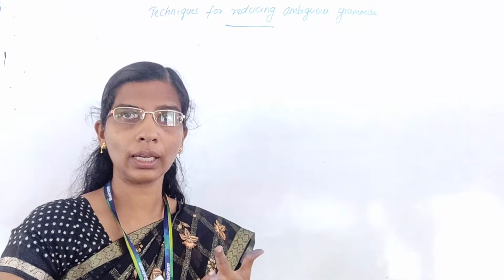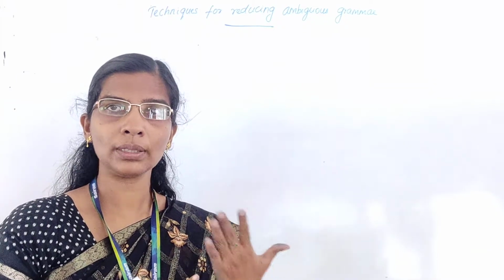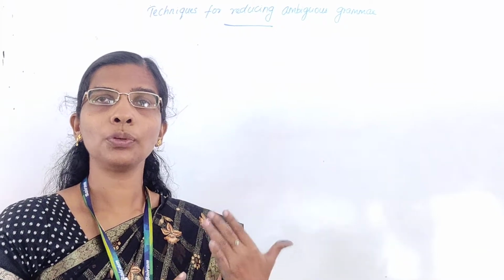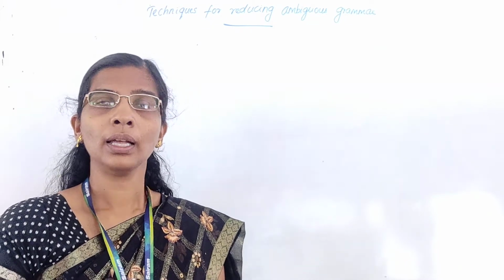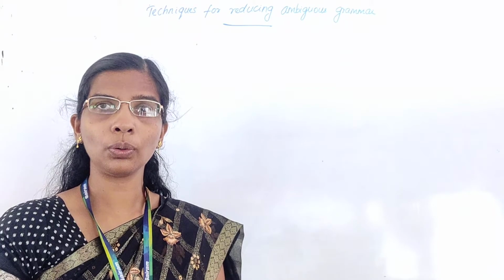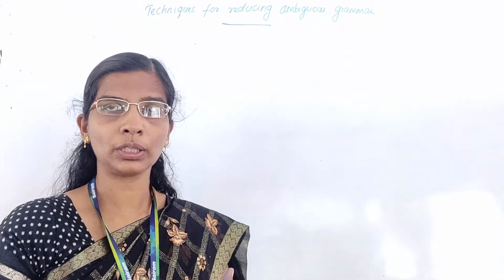I'll tell once again, in reducing ambiguity, suppose your grammar is ambiguous and you want to find the equivalent unambiguous grammar, there are three steps to be followed. The first step is you have to eliminate epsilon production.